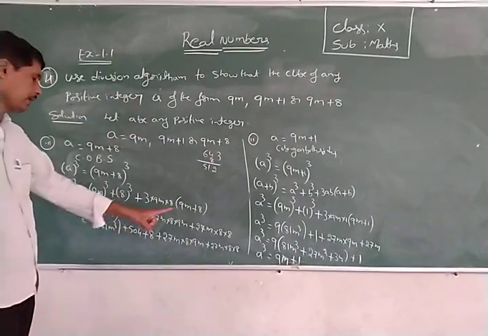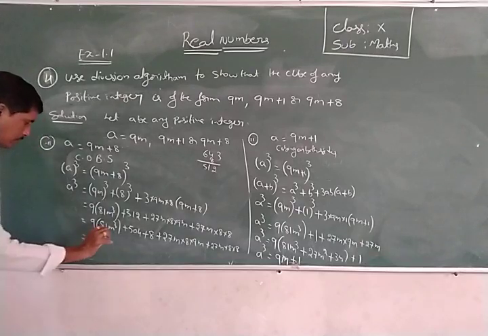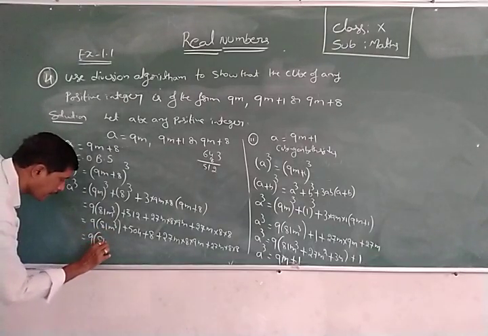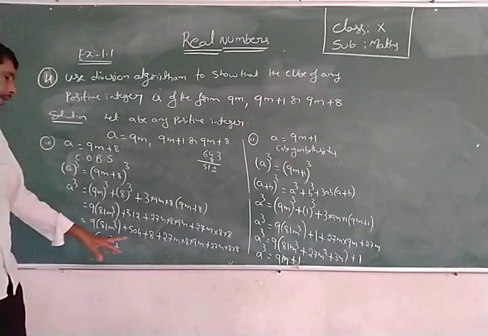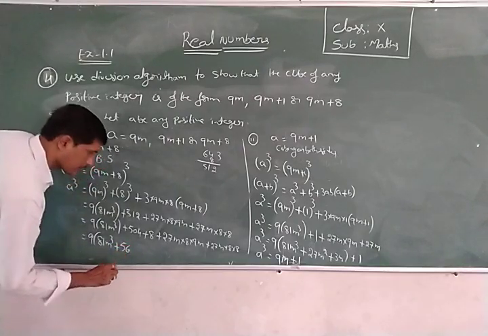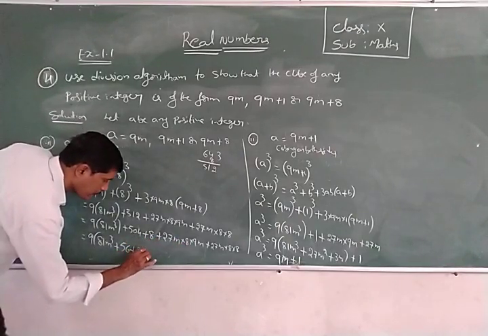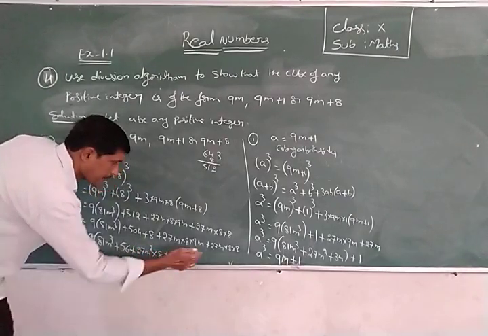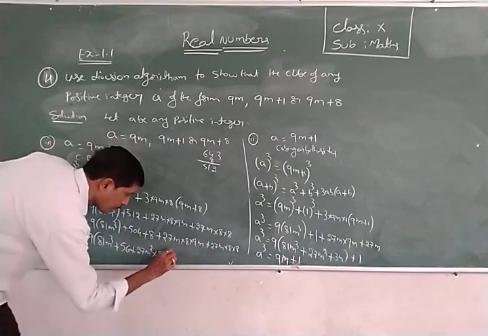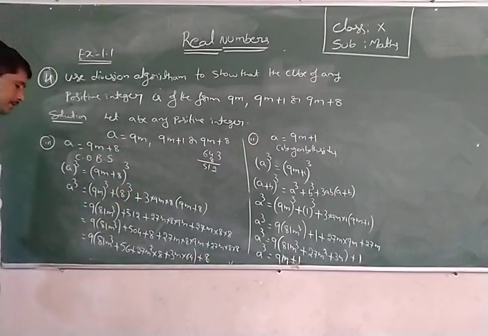Here, remaining this 8, and in all the rest 9 is the common factor. Here 9 is the common: 81m cube, here 9 times 56, next 3 times 27m square into 8, next 3m into 64, plus 8.